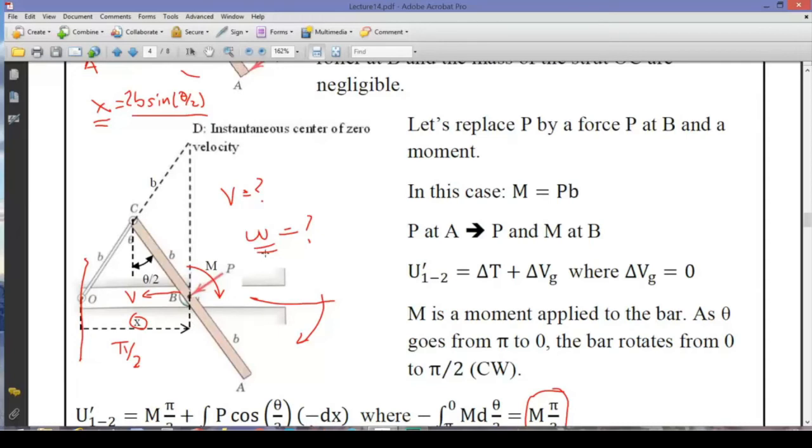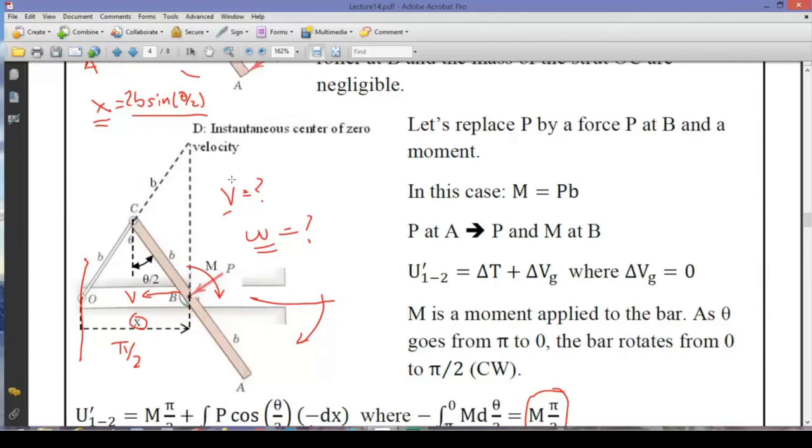We are starting from rest. In the final condition, if we can find the instantaneous center of zero velocity, then V and omega will be related to each other, which will give us a single unknown, because the energy equation that we're going to derive is a single equation. We can only determine a single unknown from that equation. That's why I'm trying to relate this V and omega.